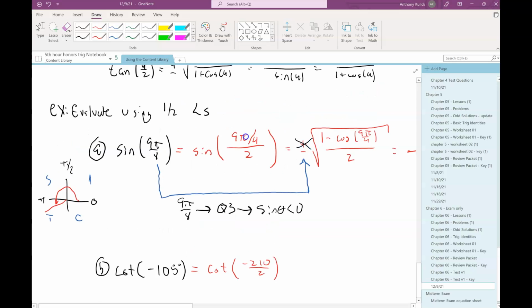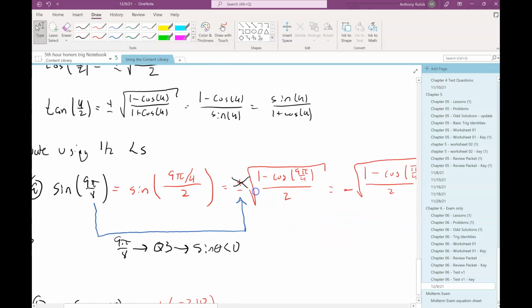Now let's go retrieve our half angle identity. So because we're looking at cotangent, we're going to be looking at the reciprocals of these tangent identities. So which one would I want to use? There is a best answer here. All answers are appropriate, depending on how much appetite you have for potentially some crummy simplification.